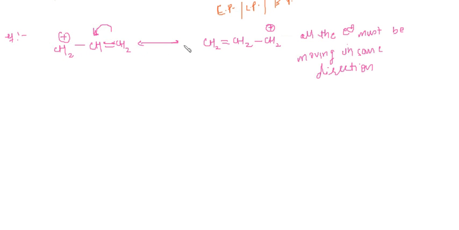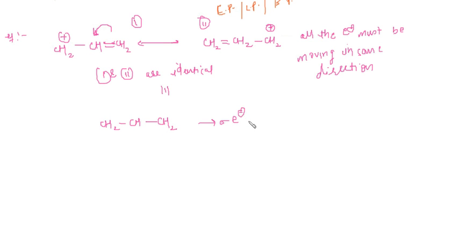Now what could we do? We see the first and second structures are identical. If we name the first structure and the second structure, they are identical structures. Now, when we try to draw the resonance hybrid, we draw all the solid lines first.